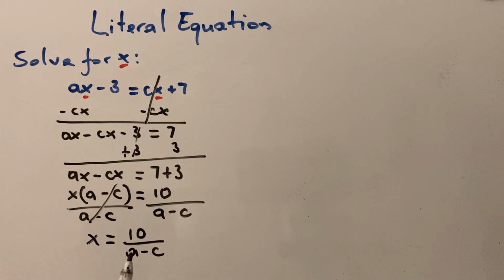The difference is that in a regular equation you'd be able to add numbers together and have an actual numerical value for x. But in this case it's not a numerical value, it's still a value for x, expressed in terms of a and c, the other variables. This is how you solve literal equations.